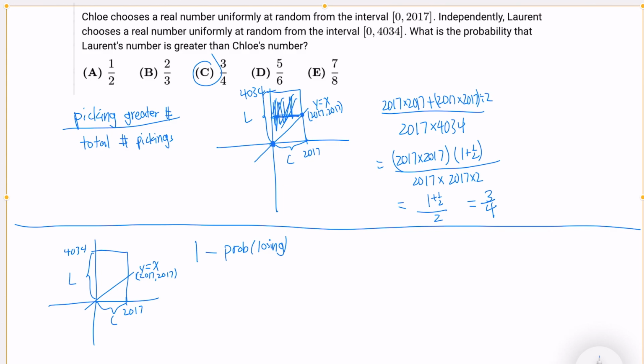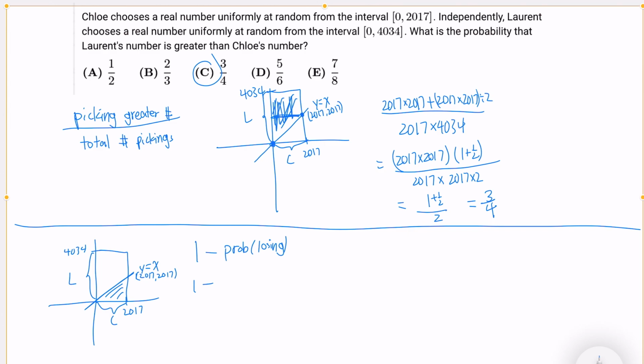And the 1 is a whole unit as a whole. So we can just do 1 minus the area of this rectangle right here. Because keep in mind that this line, y equals x, that kind of acts as a separation line. The region above that line would be the probability of winning, which is the fact that Laurent will pick a number that is greater than Chloe's.